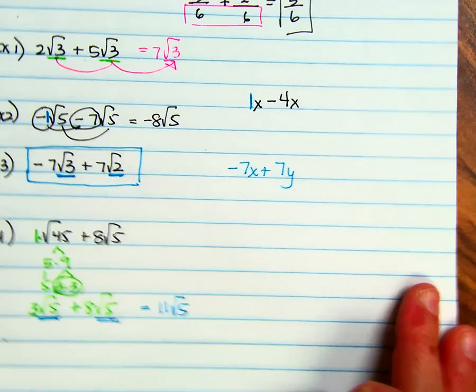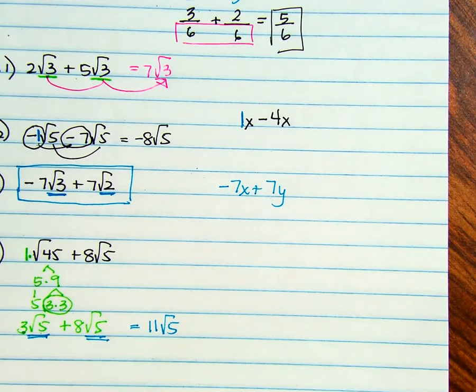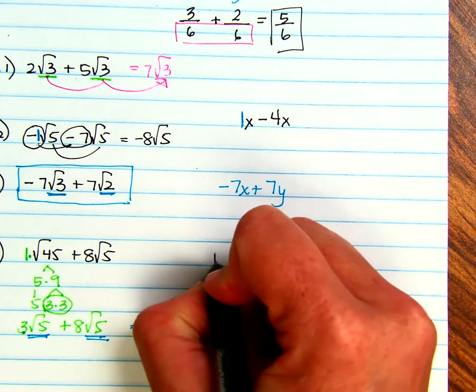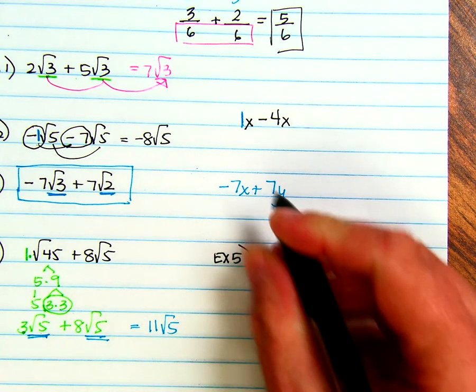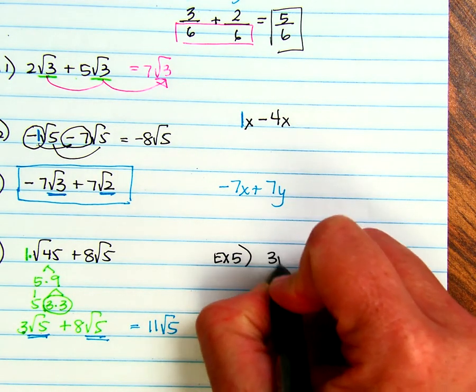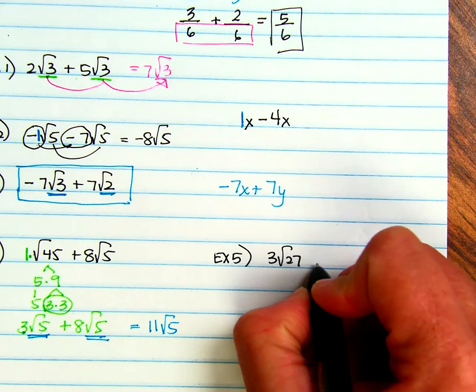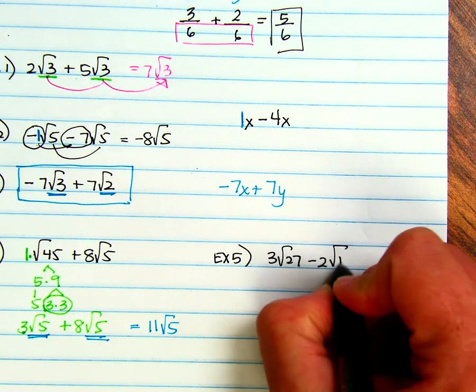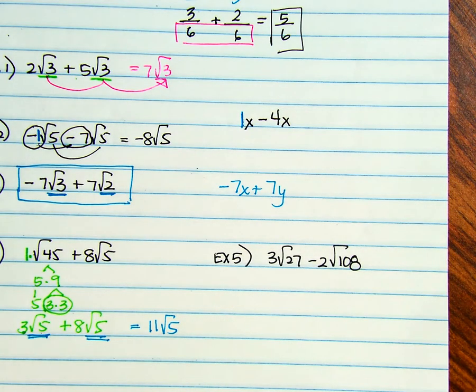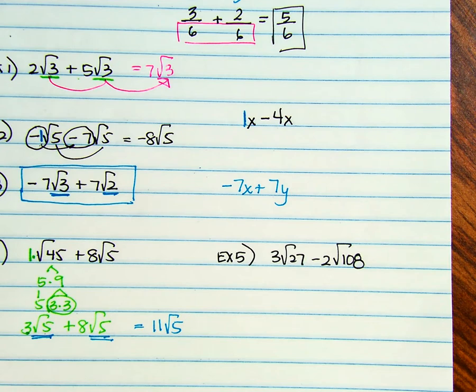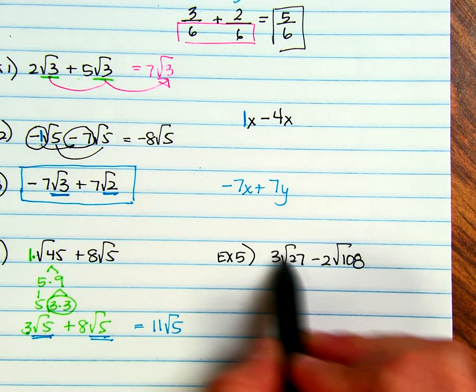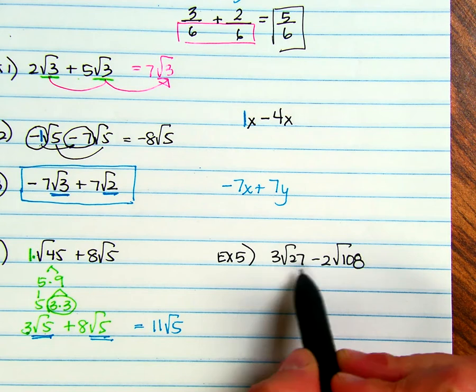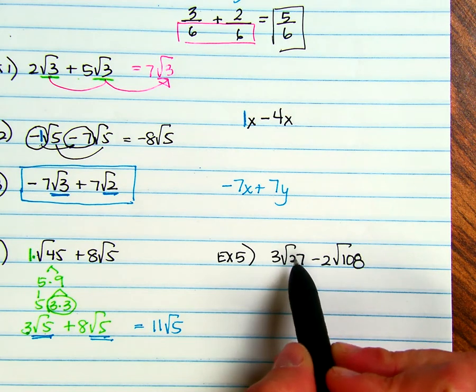Last example, I'm just going to move it over here. We have 3 radical 27 minus 2 radical 108. A little bit bigger number. Keep in mind, if you had to, in another previous problem, find the square root of 27, then you don't need to do it again.